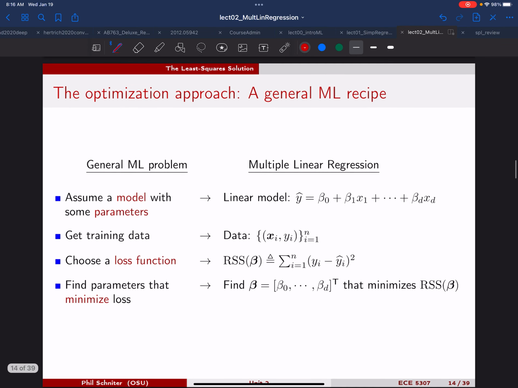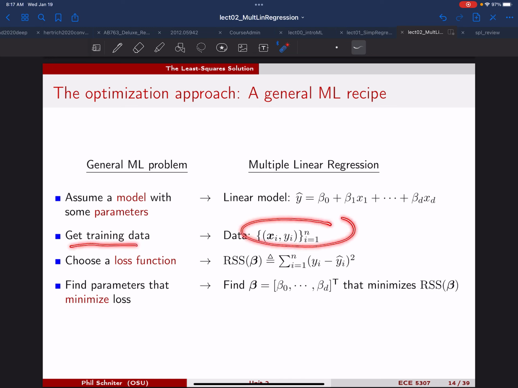Okay, so let's review a little bit, big picture. What we've done is similar to before and similar to what we'll do in the future. So, the general approach to machine learning. We start by assuming a model with some parameters. Here we've assumed a linear model with parameters beta 0 through beta d. We get our training data.